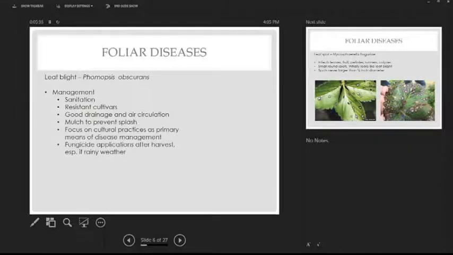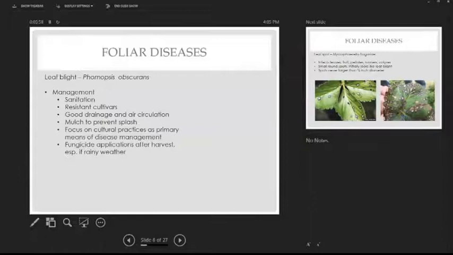We're mulching to prevent splash. Any splashing that's bouncing around and moving those spores, especially those overwintering spores, so keeping those plants up off the ground. Cultural practices are usually a primary means for disease management. We don't see leaf blight unless we see poorly managed production.